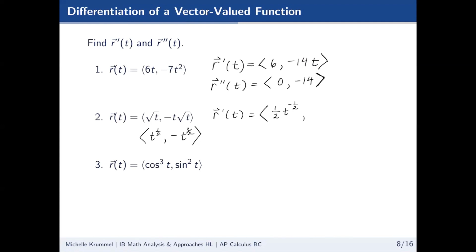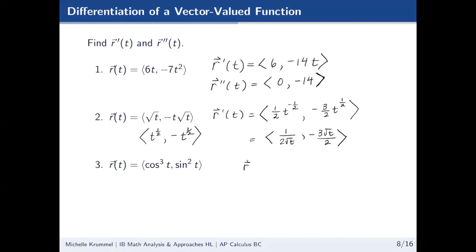And then derivative for negative t to the power 3/2, negative 3/2 t to the 1/2. And if we want to clean that up a bit, we can say that is 1/2 root t and negative 3 root t over 2. Now that was just our first derivative. We still need to find our second derivative.